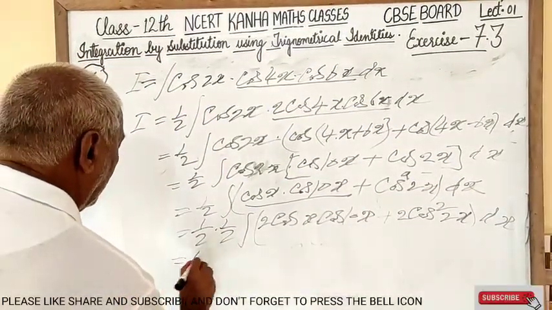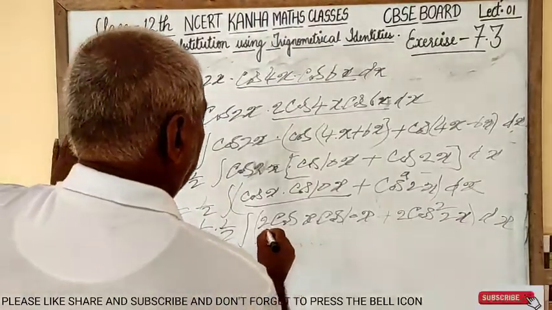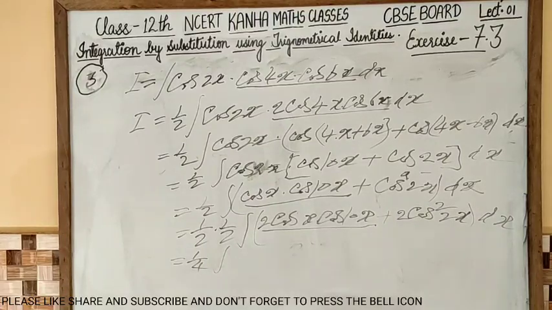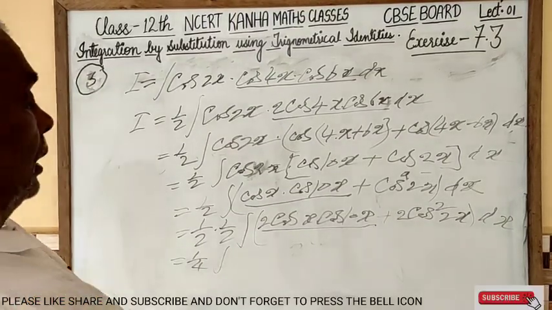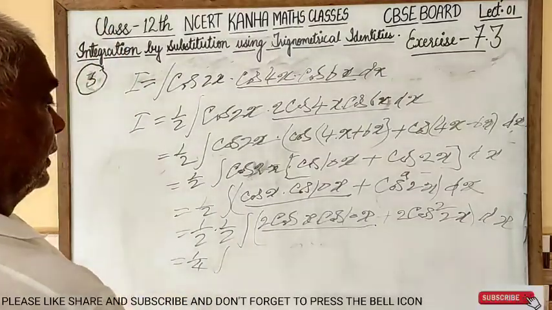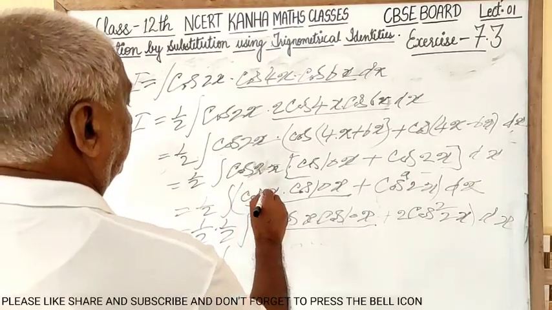That is 1 by 4 integral of 2 cos 2x cos 10x. 2 cos a cos b means cos(a plus b) and cos(a minus b). Here, sorry, we have written 2x.